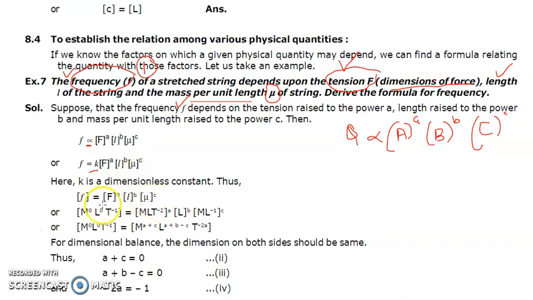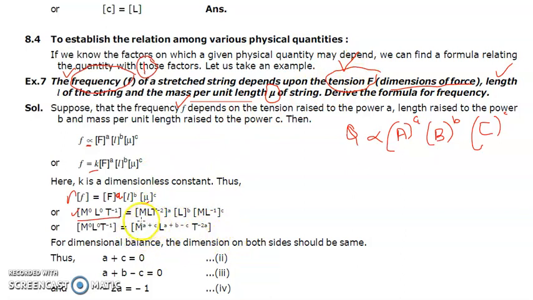So step number one is, you have to write in this way: F has the dimensions of force raised to the power A, length raised to the power B, and mass per unit length raised to the power C. Frequency has the dimensions M0 L0 T minus 1. In this case, as already written here, tension has the dimensions of force, and force has the dimensions MLT minus 2.